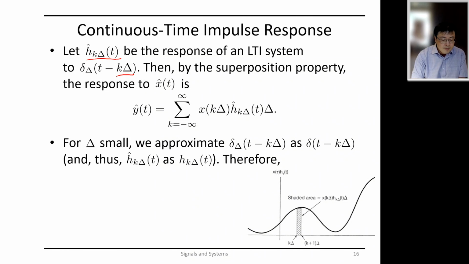Now, for delta very small, approaching 0, we can approximate this very short pulse as a delta function at this time, and therefore approximate its response as the response to this impulse at time k delta.